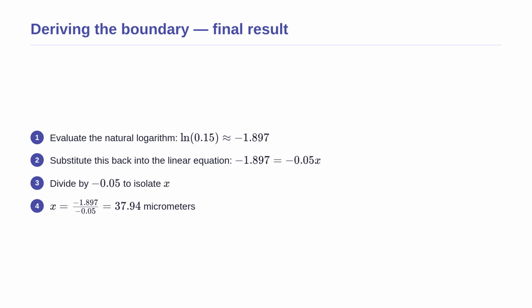Dividing both sides by negative 0.05 gives us a final distance of 37.94 micrometers. This physically means that any cell located between 0 and 37.94 micrometers from the head will activate the hunchback gene. This sharp mathematical boundary creates complex biological patterns.